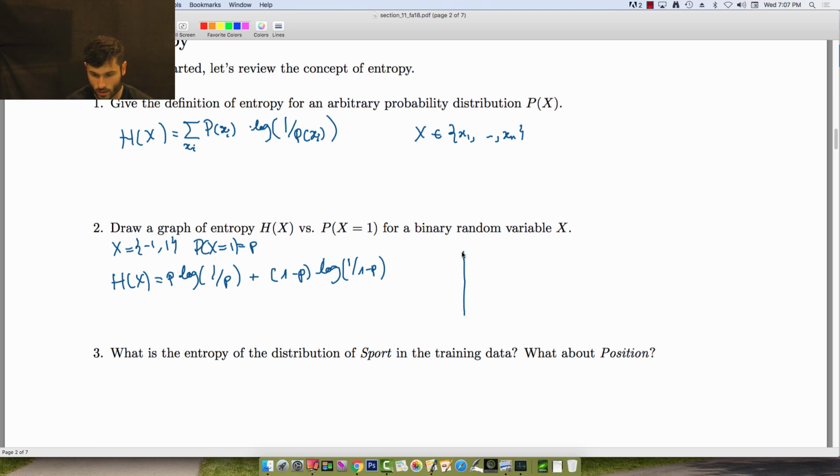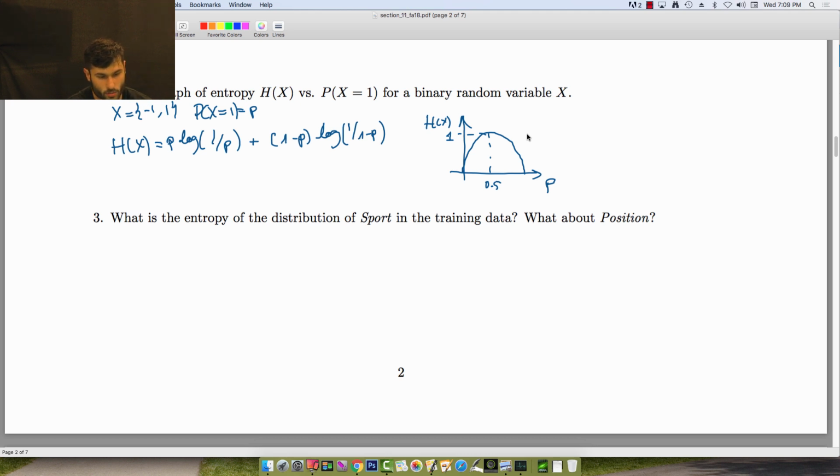So if we draw this function for all the possible values of p, what we will get is a curve like this, where the maximum is at 0.5 and it reaches a value of 1.